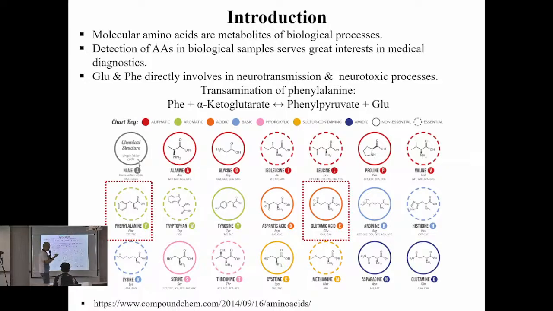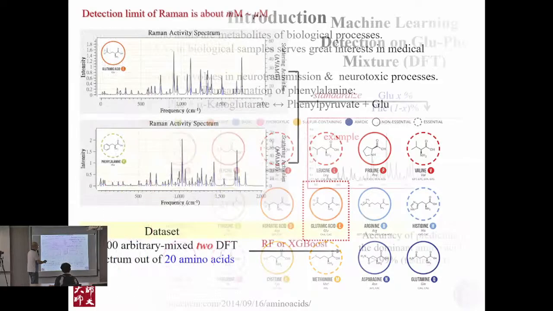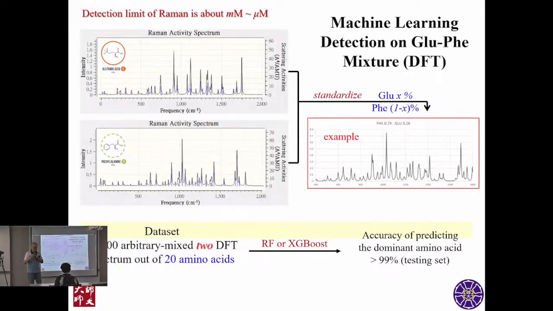So if there is an analytical probe that can quickly identify whether glutamic acid is more abundant than phenylalanine in the sample, that has a huge biomedical effect. So we decided to cook up a method to do this.